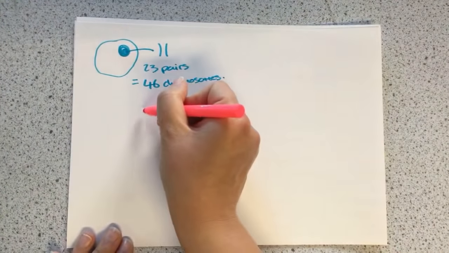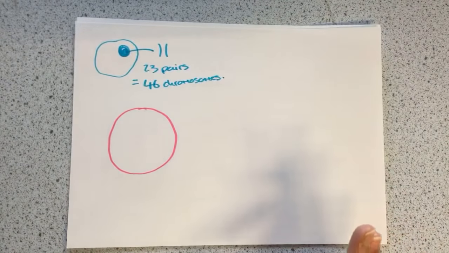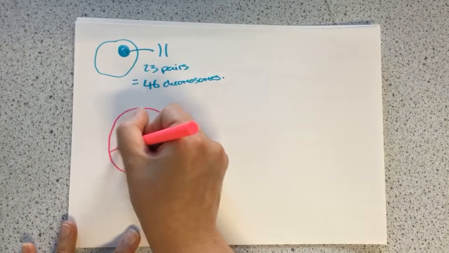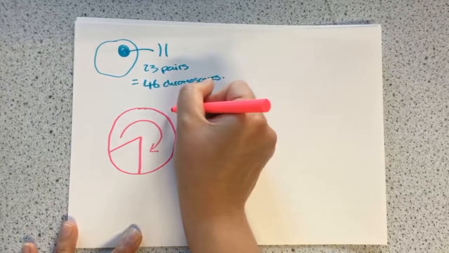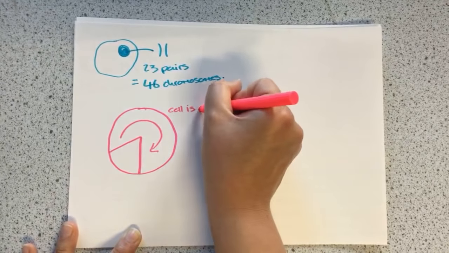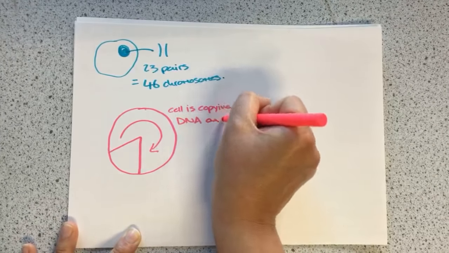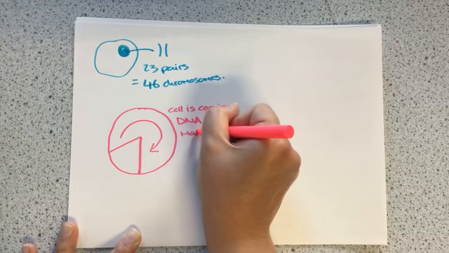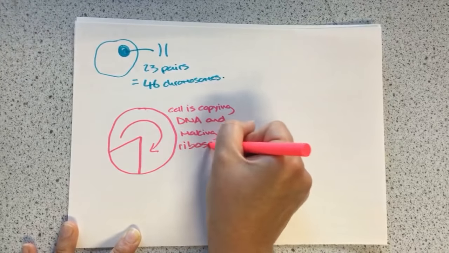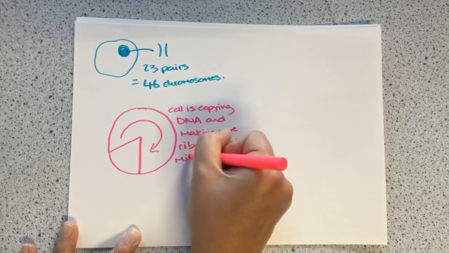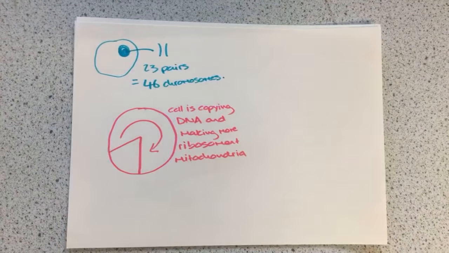So if I draw a circle, which represents the full cell cycle, before a cell needs to divide, we've got a stage here which occupies most of a cell cycle, where the cell is copying DNA and making more ribosomes and mitochondria.